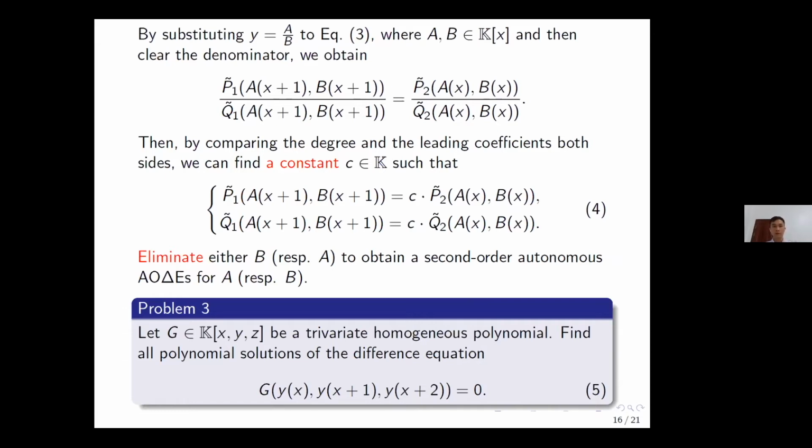And in the end of the day, we come to the new problem. Assume that we have a polynomial Z which is homogeneous. And the problem now is to find all polynomial solutions of the second order difference equation like this.